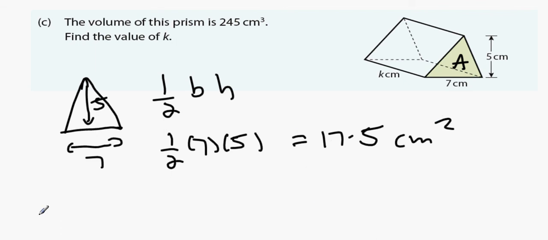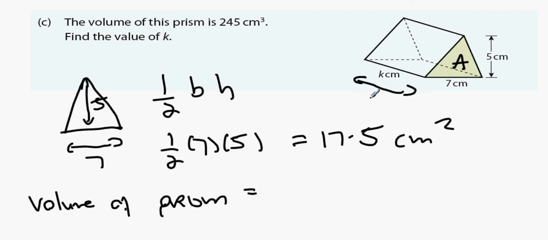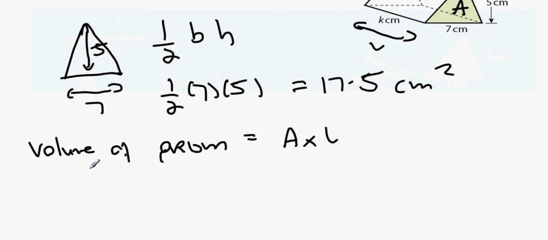The volume of the prism equals, now K is the length, okay? So usually it equals area multiplied by length. In this case, it's going to be 17.5 times K, or 17.5K, and this is going to be equal to 245.